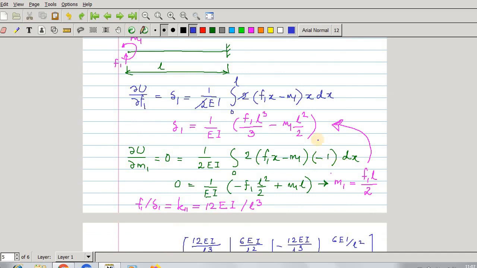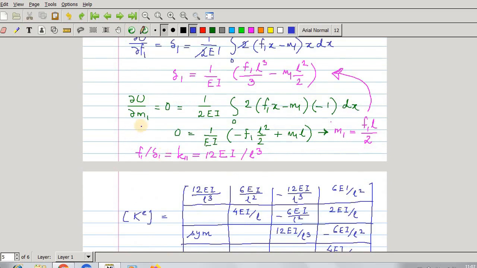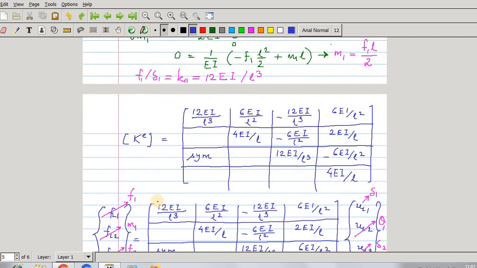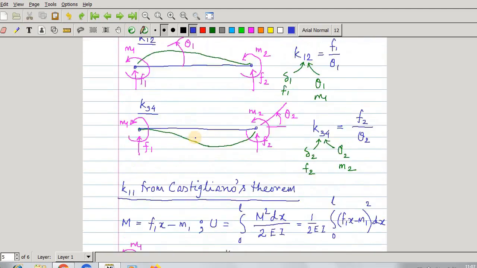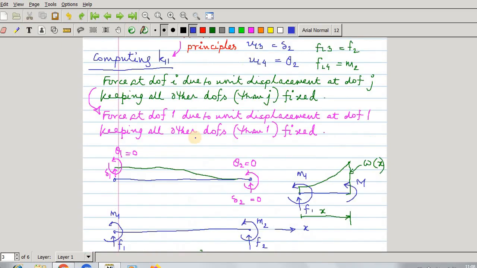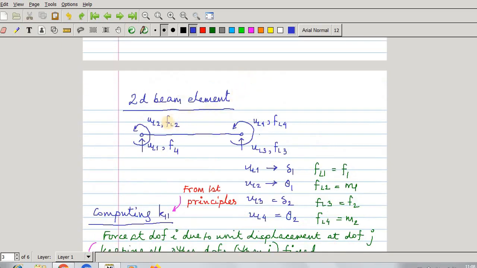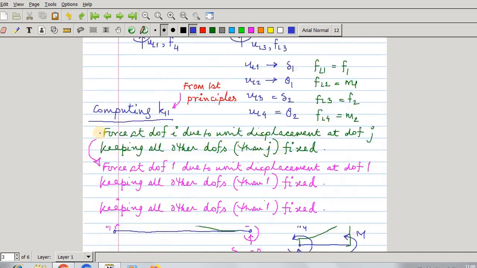Now you use these two equations and find out F1 by delta 1, and you get this as your stiffness. So now if you find out all the stiffnesses, the stiffness matrix is a 4 by 4 matrix, and you get this Ke. This is the stiffness matrix for this two-dimensional beam element.